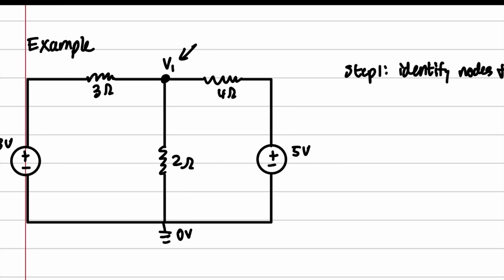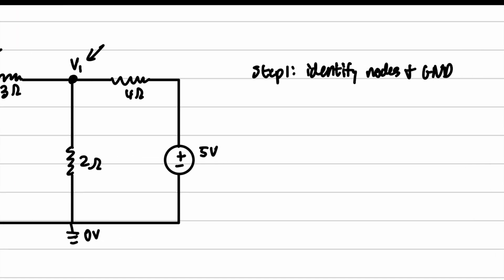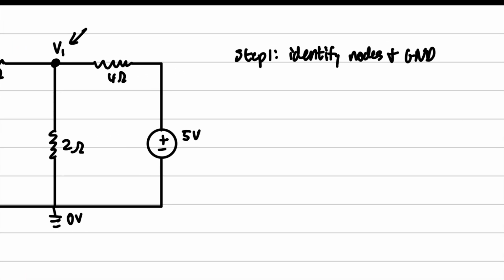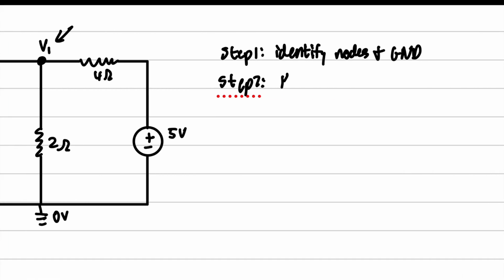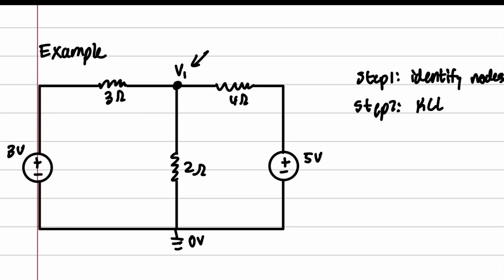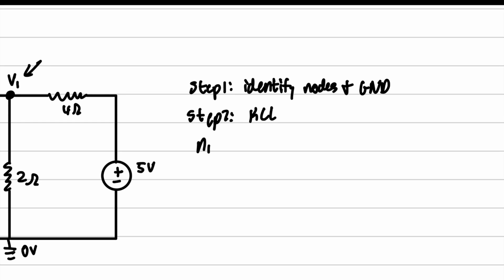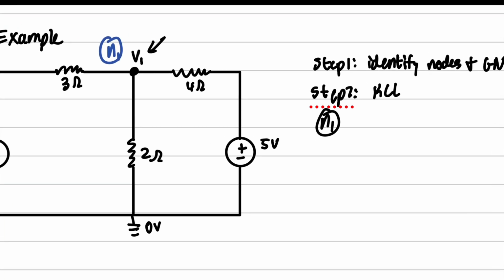So now we're going to start writing our KCL equations. Now notice we only have one unknown, so we're only going to need one equation. So I'm going to call this guy node 1. Now let's start summing up the currents.